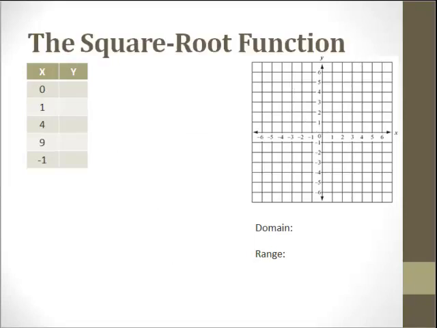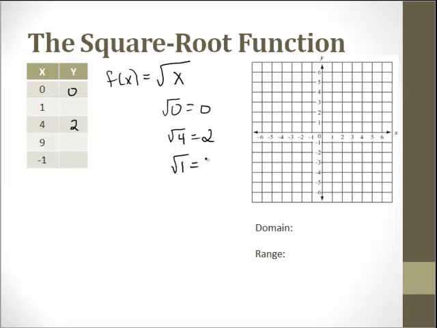How about the square root function? I don't see it on there, do I? This is going to be f of x is equal to the square root of x. This is called the square root function. Well, plug in 0. What is the square root of 0? That's 0. What's the square root of 4? Oh, that's supposed to be a 1. So we did this one.